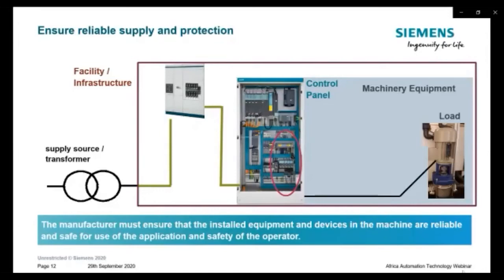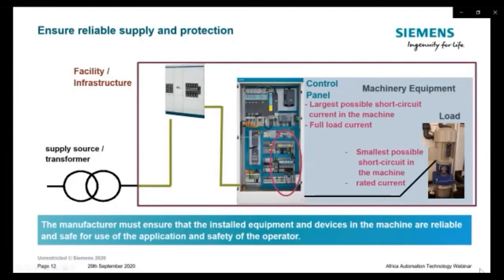The maximum and minimum short circuit currents must be considered with the machinery equipment. The evaluation of the largest short circuit currents and load currents is mandatory to ensure reliable operation of the equipment.